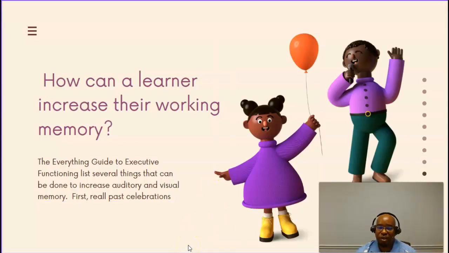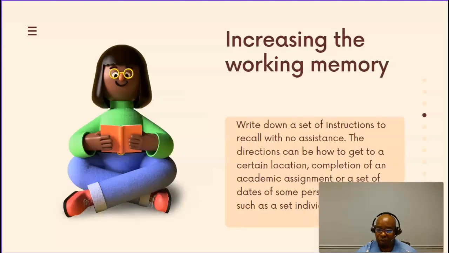So how can a learner increase their memory? Well, there's several different informational guides out there talking about what can be done for the visual and auditory levels of increasing memory. So one of the things to do is to recall some past celebrations, some things that you have celebrated and what you were happy about and you can remember. This also increases working memory. It's a happy time.